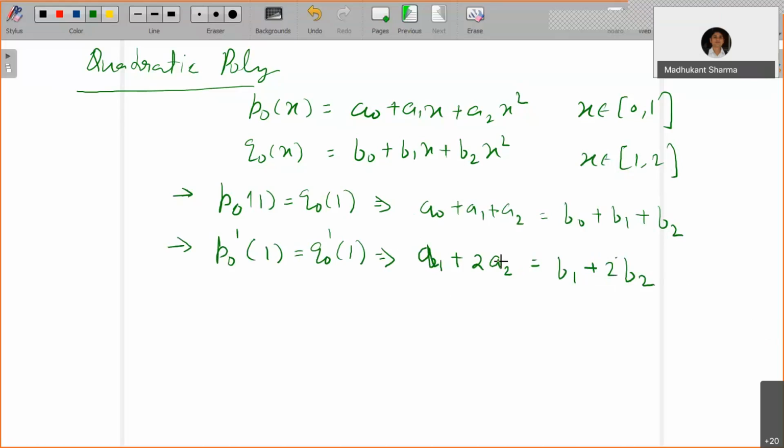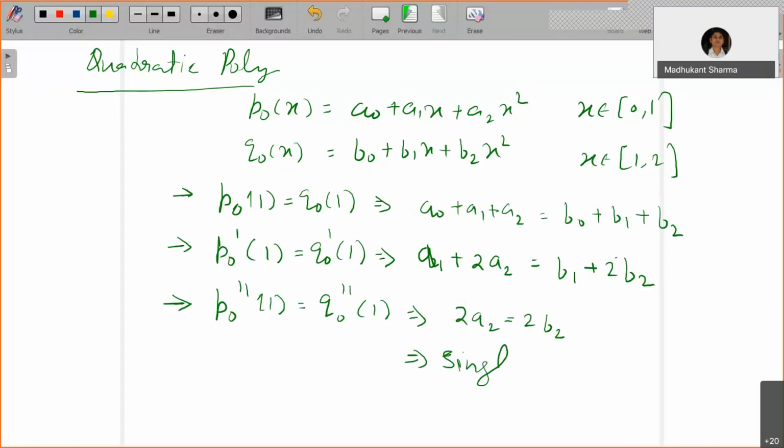So these two conditions will not reduce it to a single polynomial. But if you impose one more condition, p0 double dash at 1, where you want the second derivatives to exist and be equal, then this implies 2a2 is equal to 2b2. And if you go back and check everything, this will reduce to the single polynomial. The only possibility is a single polynomial.